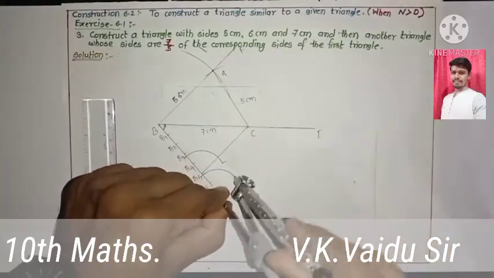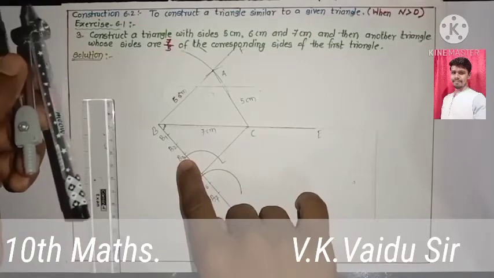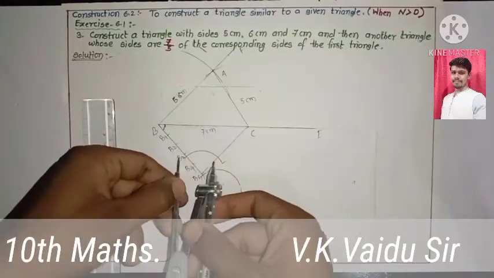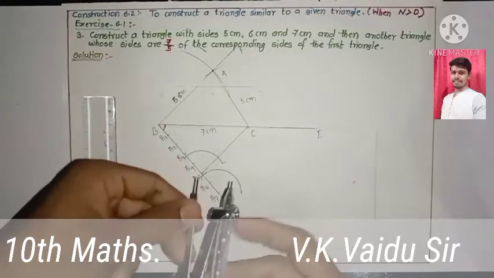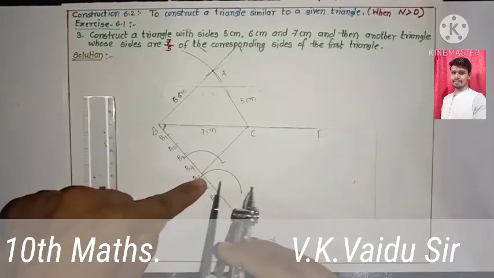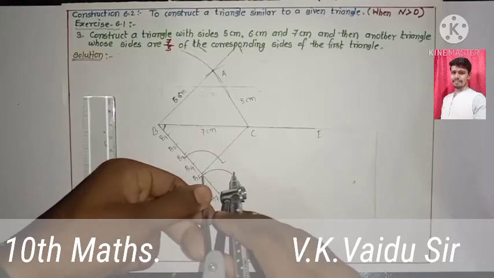Now take in the compass the distance between B5 and where the previous arc intersects. Put the needle where the second arc intersects the ray BX and draw one arc.